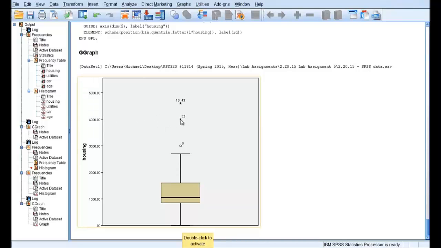That's an extreme value. Person 18 and person 43 in our data set had a housing cost of around $4,600. So these two stars here are extremely high values that are not anywhere near the range, whereas person 8 is somewhat close to our normal range of data, but still would be considered a potential outlier.